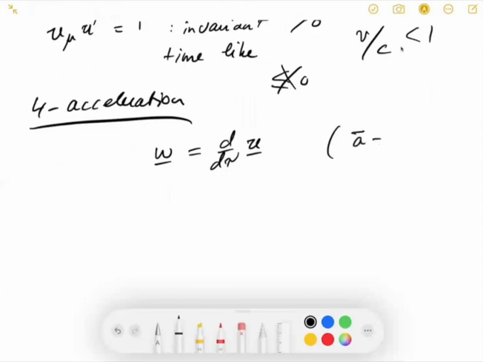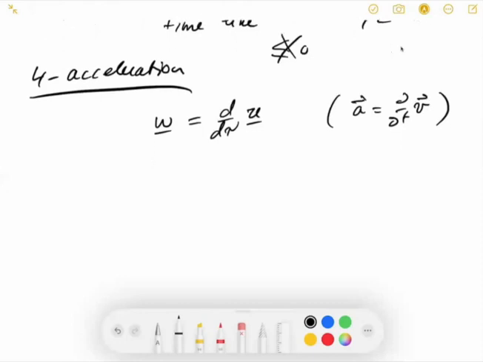So a is dv/dt of the v vector. All right, so we just generalized it. Now, let me also write this as W^μ. Okay. So the question is, I'm going to let you work on this. What does this dot product evaluate to?